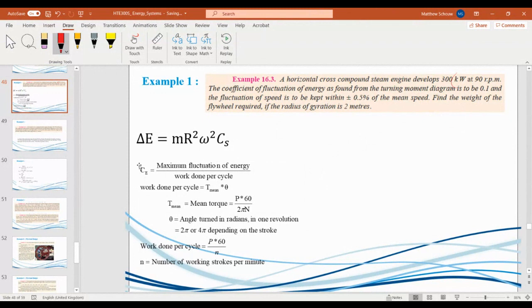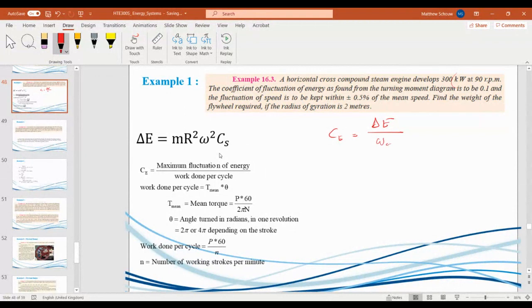So what they're saying is that CE is 0.1. So CE looks like this. And that's the maximum fluctuation in energy, which is delta E, over the work done per cycle, right? Okay, cool. So work done per cycle. How do we write that?